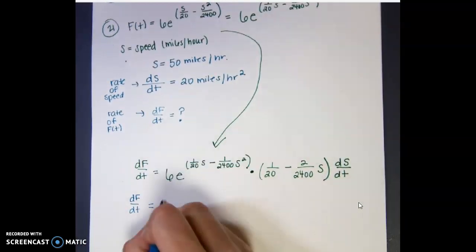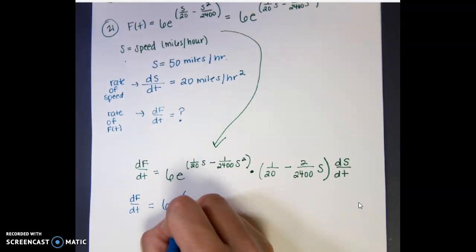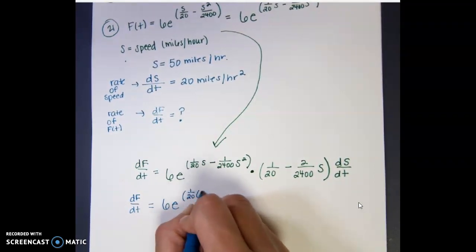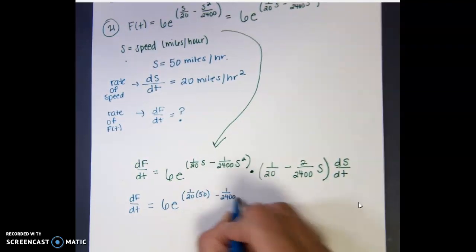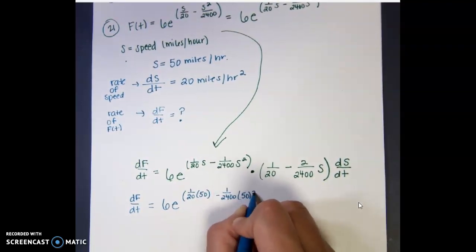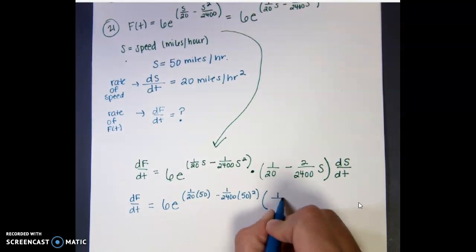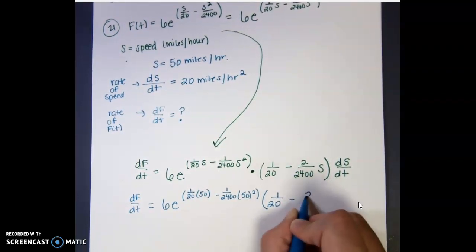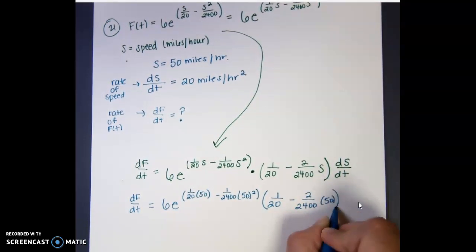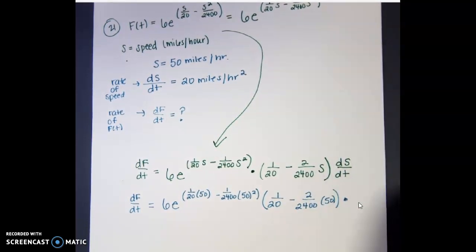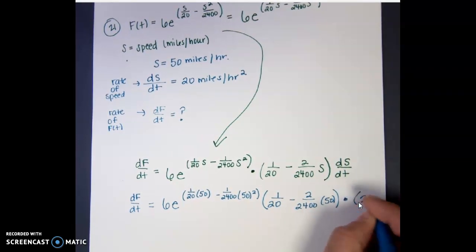And we know that the speed, or s, is 50. So we're going to plug in 50 for s. And then we know ds over dt, which was the rate the speed is changing, was 20.